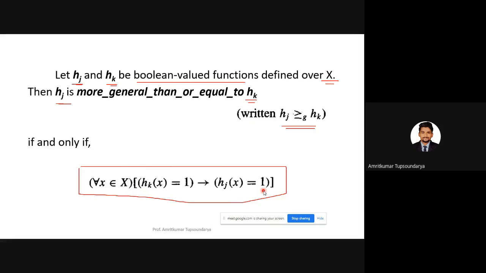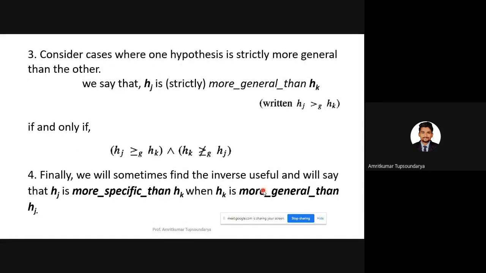Right? So moving ahead, we will also find it useful to consider cases where one hypothesis is strictly more general. We looked at the conditions where we saw more general than, and then more general than or equal to, but let us consider the case wherein one hypothesis is strictly more general than the other.